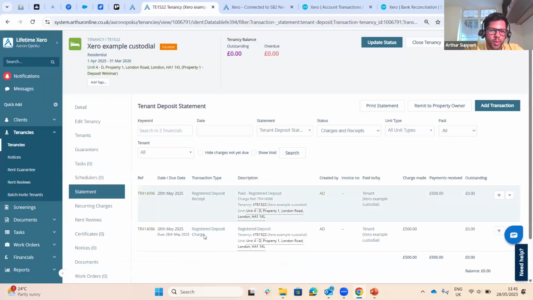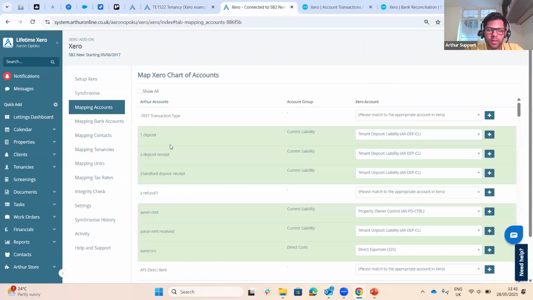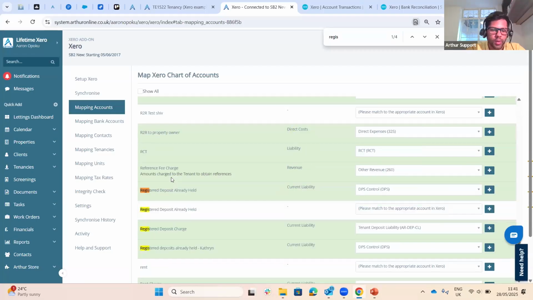So the registered deposit charge that's raised, the way it syncs across to Xero is as a liability. I'll just open that charge on the mapping screen.